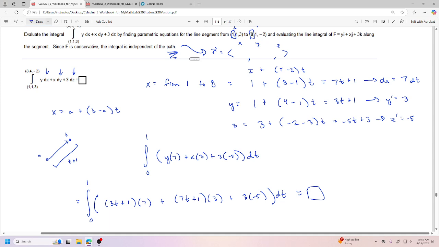If I go back to the very first original, I can't have a y, so I have to replace it with something with t. I can't have a dx, so replace it with something with t. This is probably not how they want you to do this problem. I'm just trying to do it the most straightforward, brute force method. And for me, that's just, I guess, plug it in. Substitute.